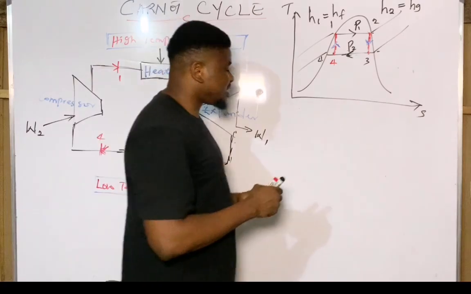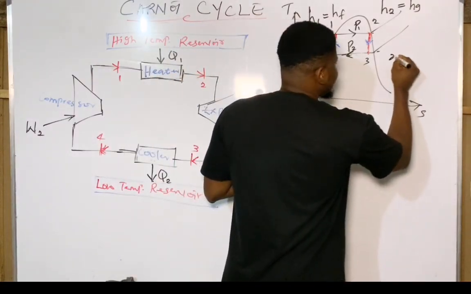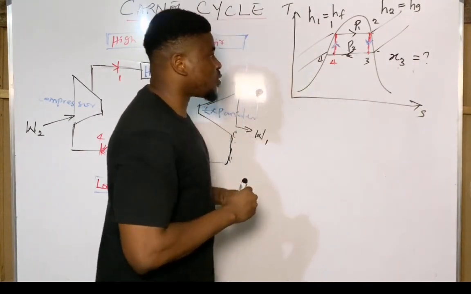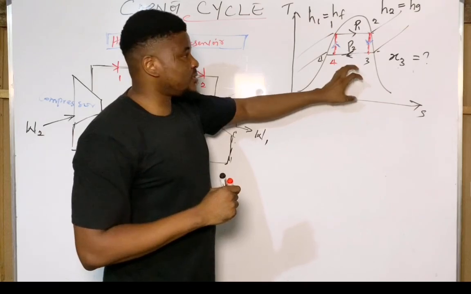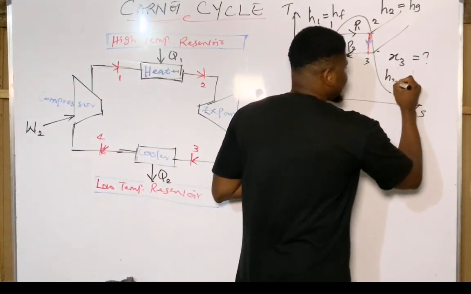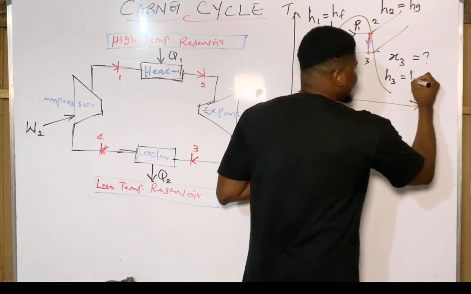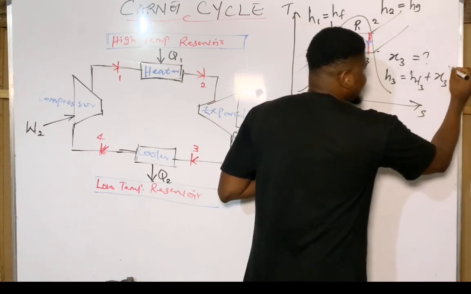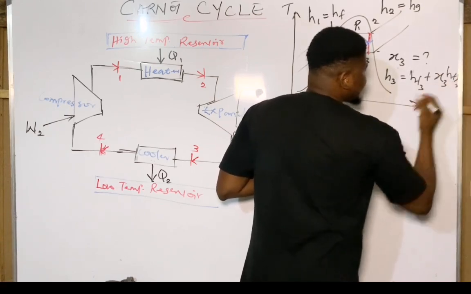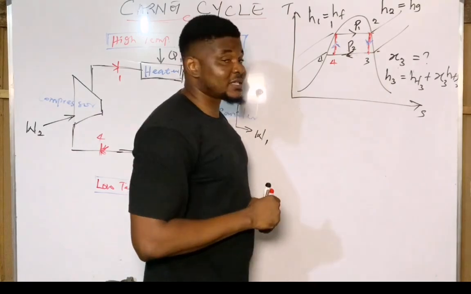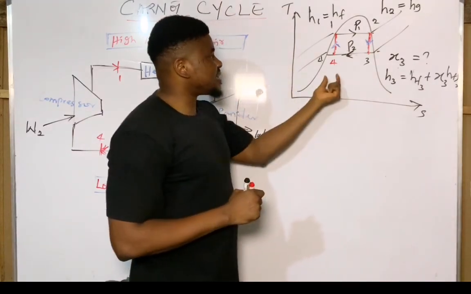So dryness fraction at this point is labeled X3. We need to find the dryness fraction at this point before we can compute the enthalpy at that point. Meanwhile, the enthalpy at that point is H3, and it is given simply as Hf3 plus X3 multiplied by Hfg3. That's the equation to find the enthalpy at state 3. Same thing happens at state 4.